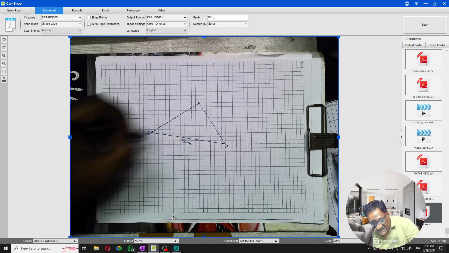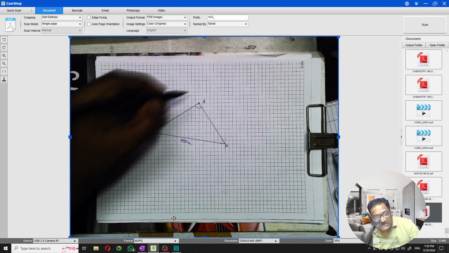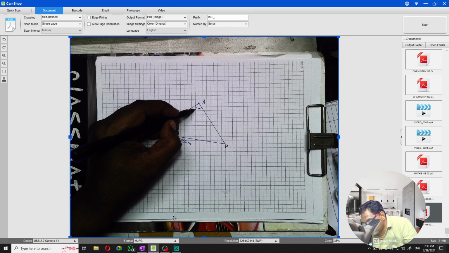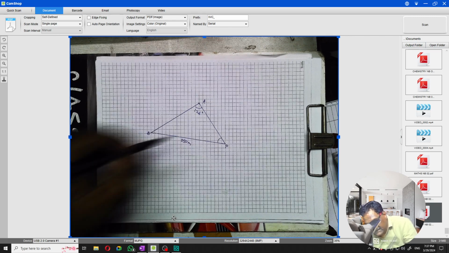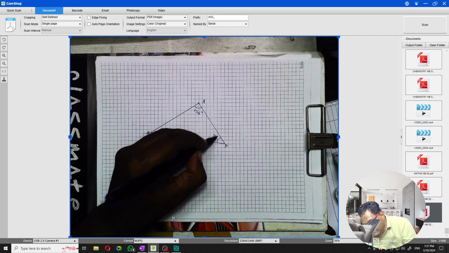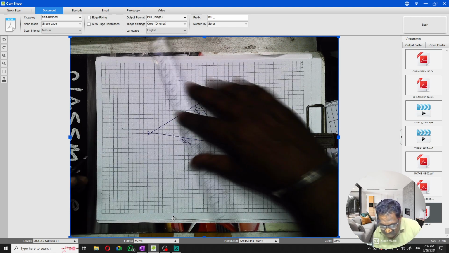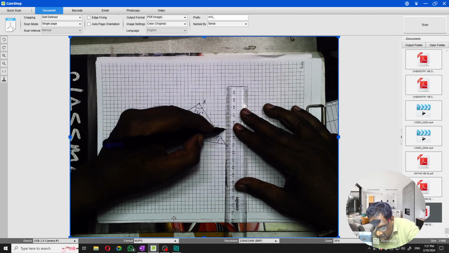This is your town A, so this angle BAP is given as 126, and this angle APB is given as 23 degrees. Moreover, at all three points the north direction is taken as a reference.